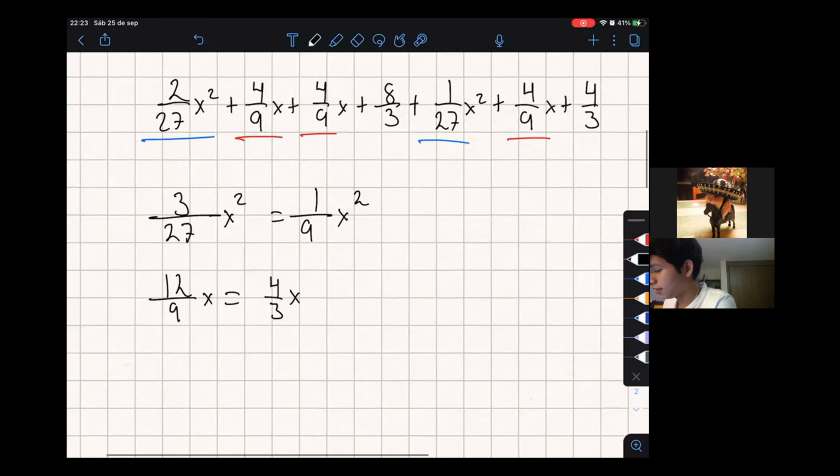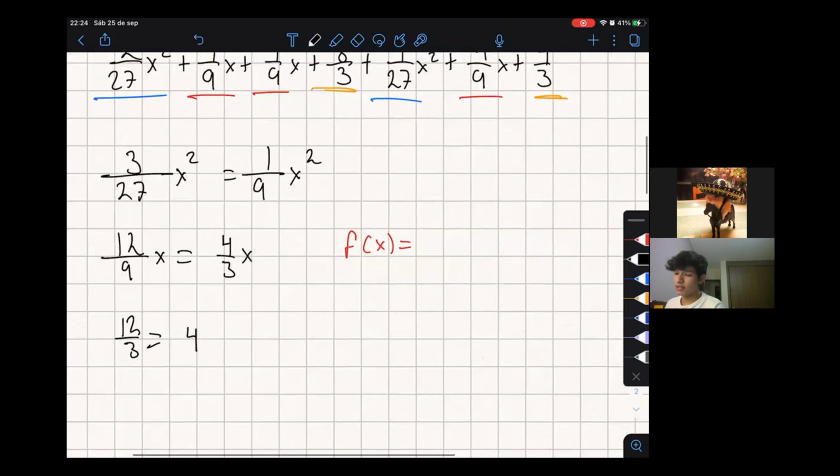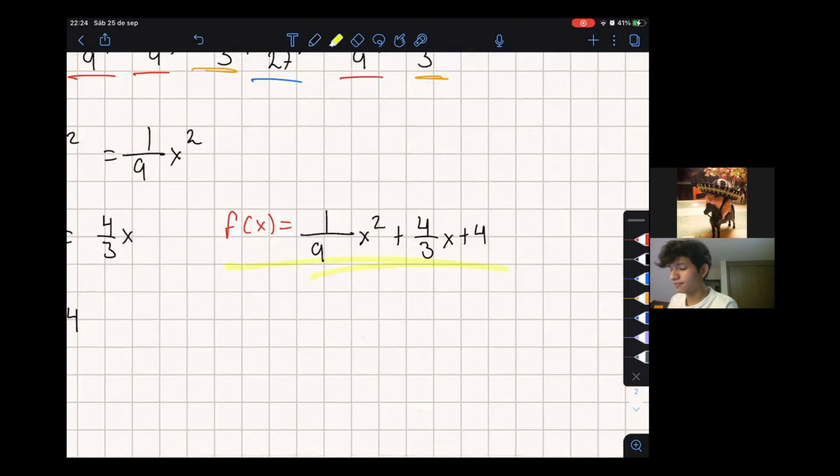And finally, we obtain the last numbers, and adding these numbers we get 12 over 3. I'm sorry, I confused myself. That is equal to 4. So if we combine every result, we obtain our final derivative, that is equal to 1 over 9x squared plus 4 over 3x plus 4.